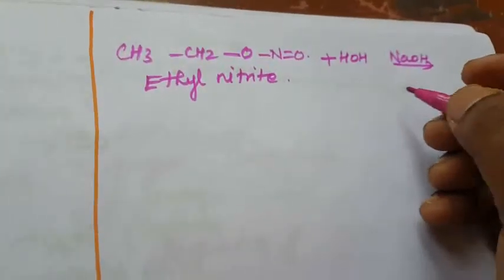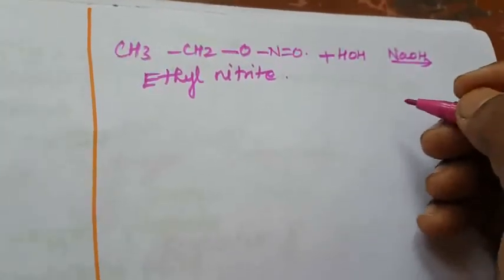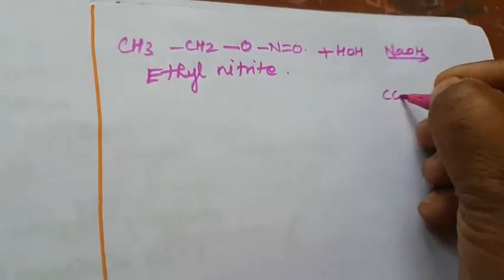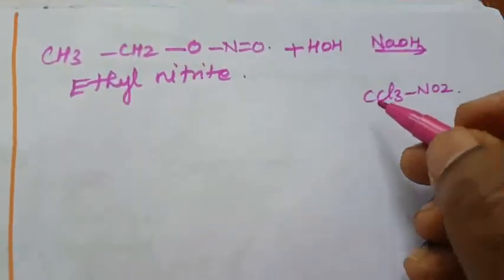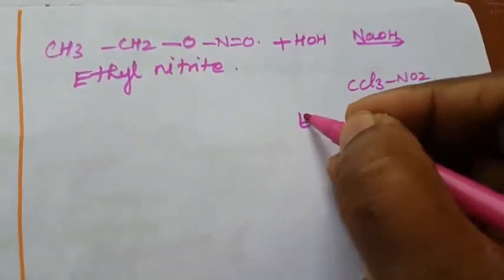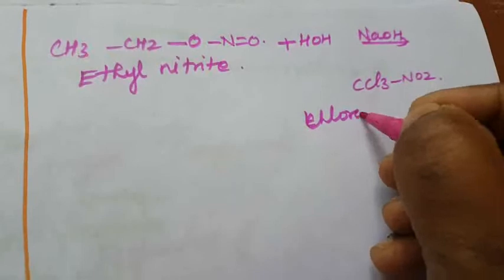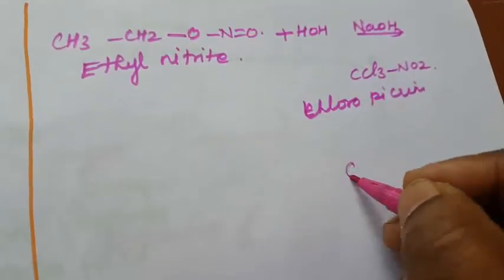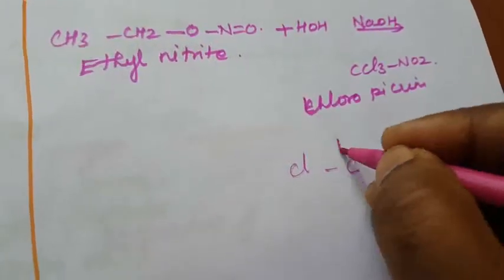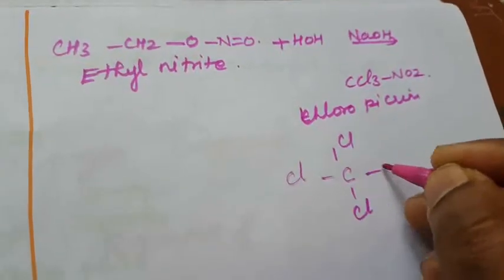the chloropicrin, trichloronitromethane. So trichloro CCl3 NO2. What is this compound name? Chloropicrin. So here how to write? Cl, here Cl NO2.